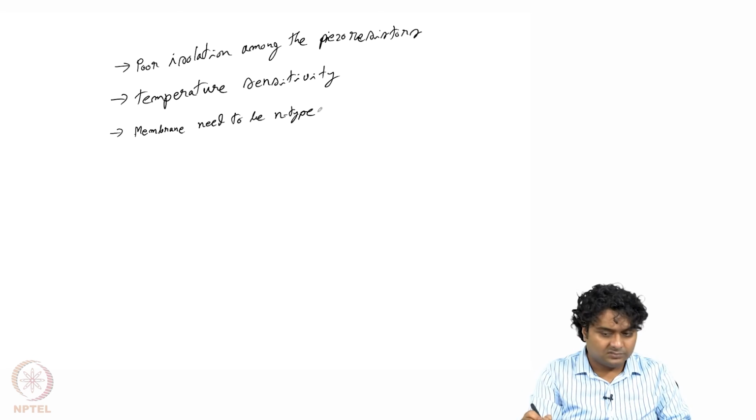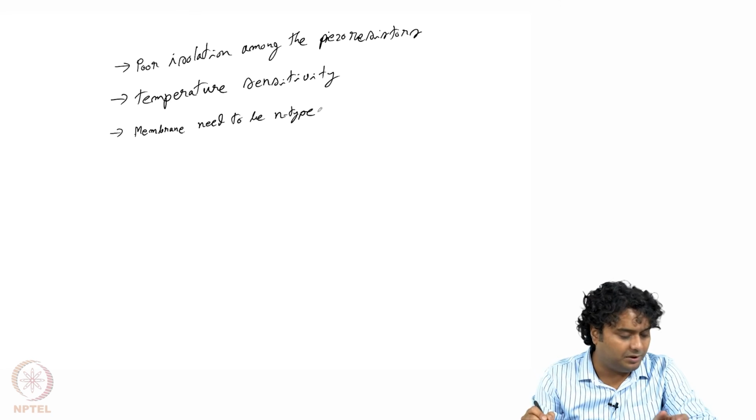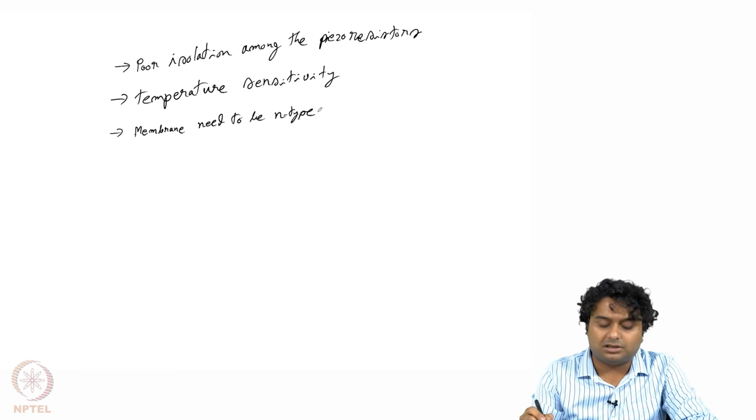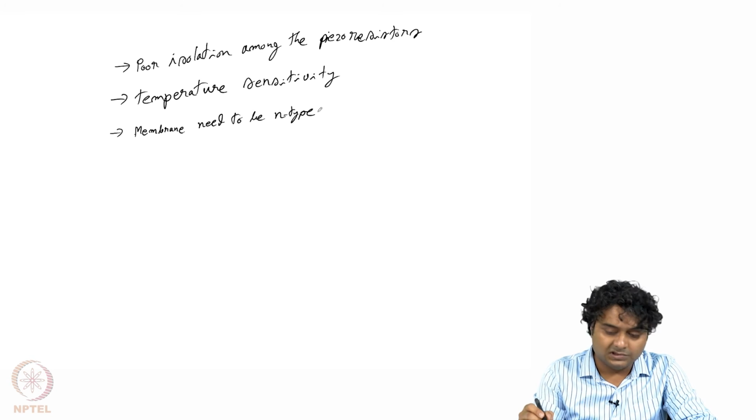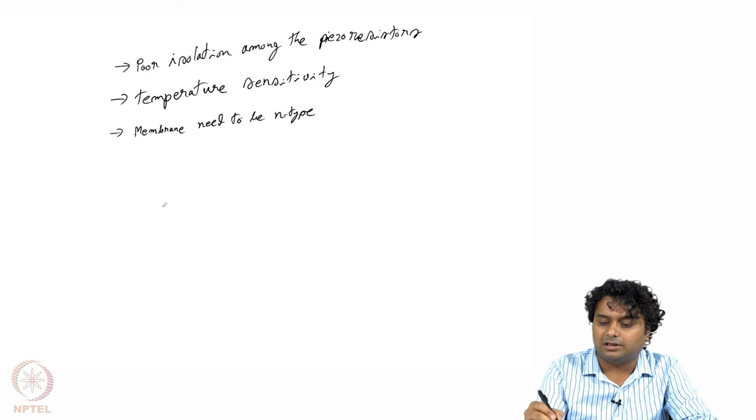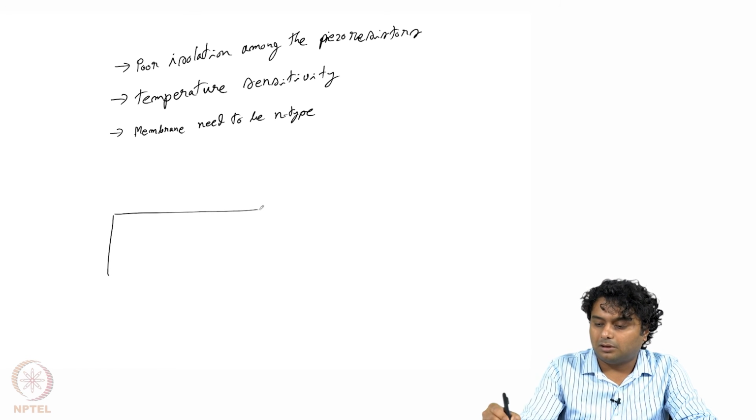N-type. So one kind of solution that can be thought of for this purpose is polycrystalline piezoresistors on oxide. What we do is, we have the membrane like this, as we have already discussed.